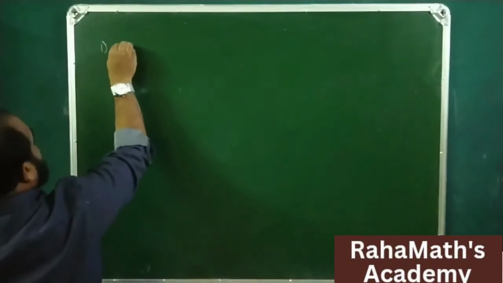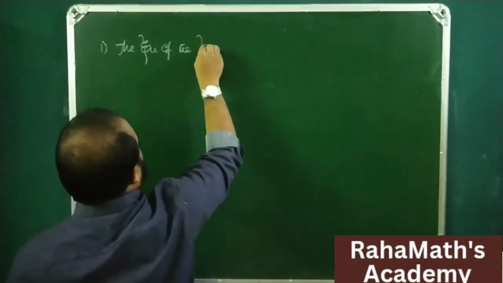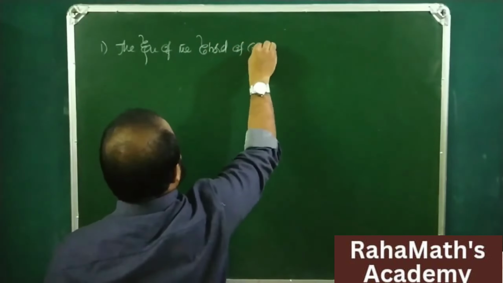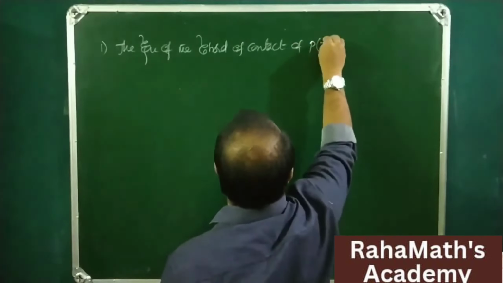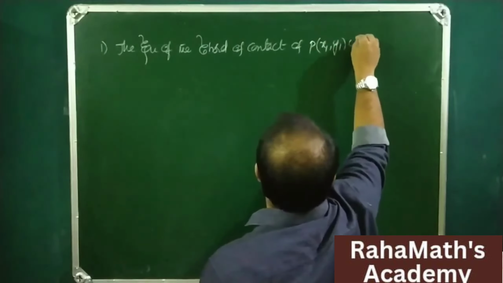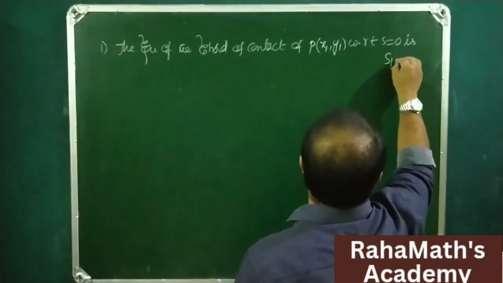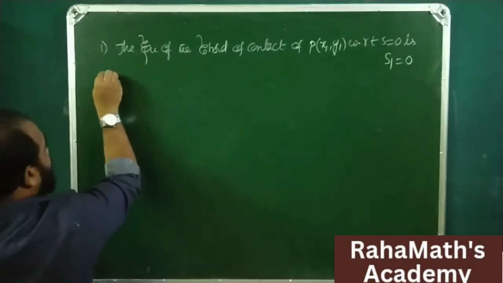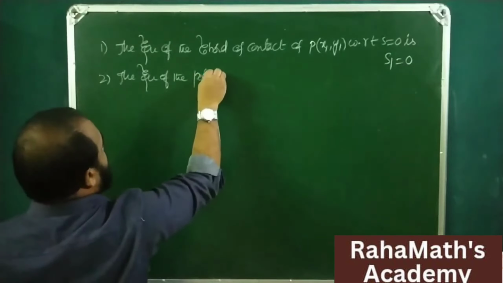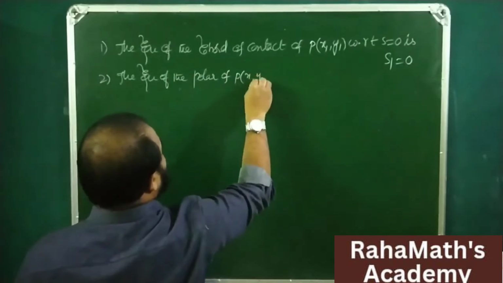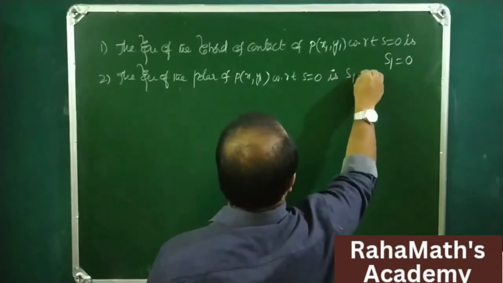The equation of the chord of contact of P(x1, y1) with respect to the circle S equals 0 is S1 equals 0. The equation of the polar of P(x1, y1) with respect to the circle S equals 0 is also S1 equals 0.